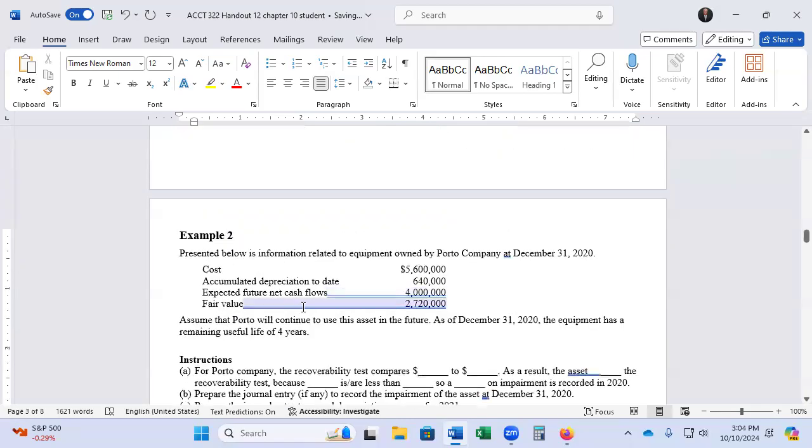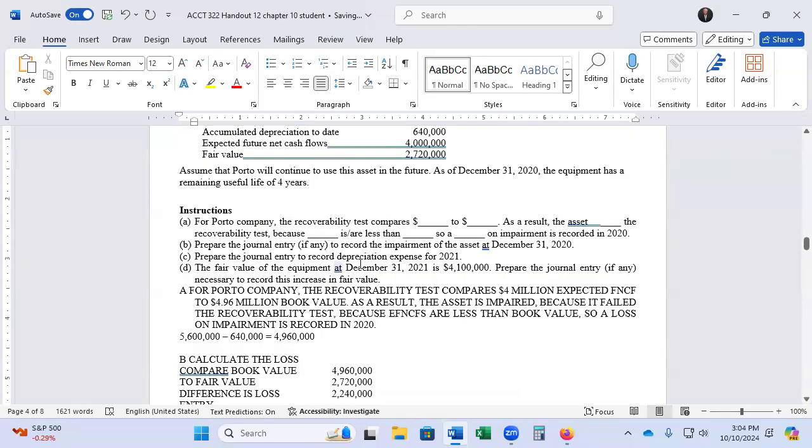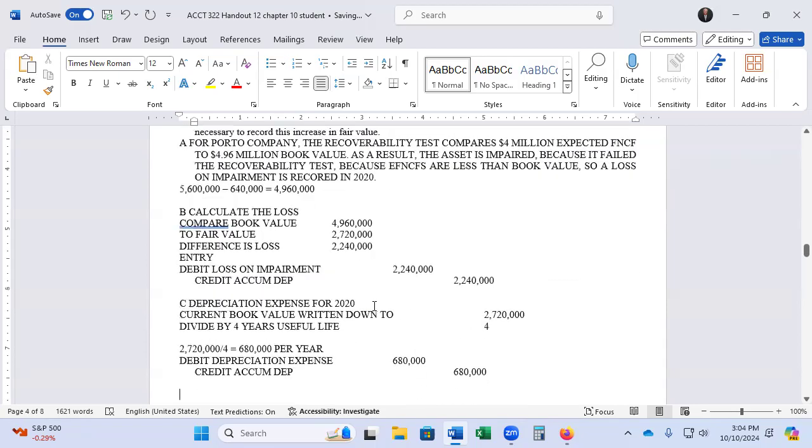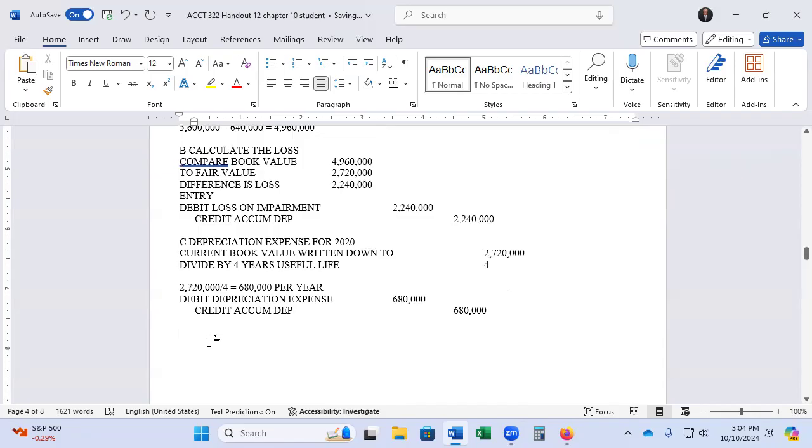Okay. And then the last part, part D, says the fair value of the equipment at December 31st, 2021 is 4.1 million. Prepare the journal entry if necessary to record any increase in fair value. D here is no entry.